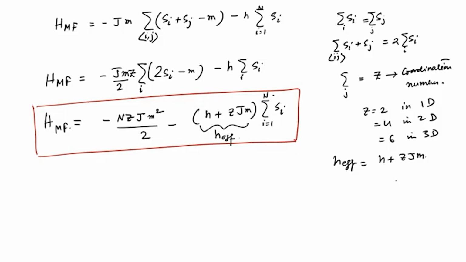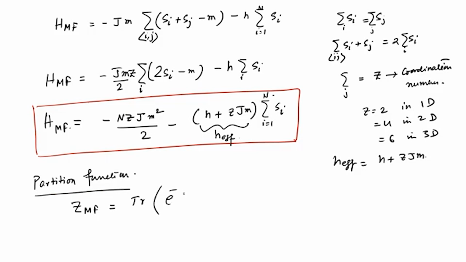So, we can solve this Hamiltonian, and we can calculate the partition function now. The partition function ZMF is nothing but a trace of exponential minus beta HMF.